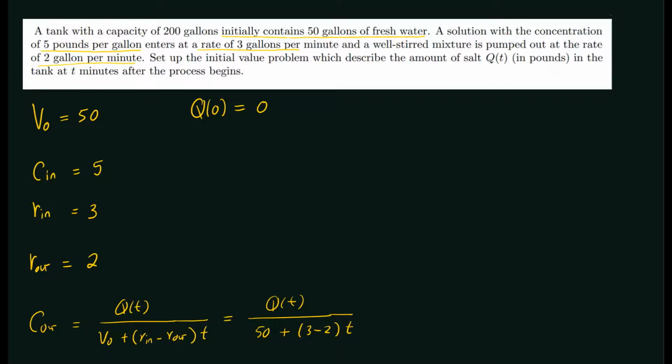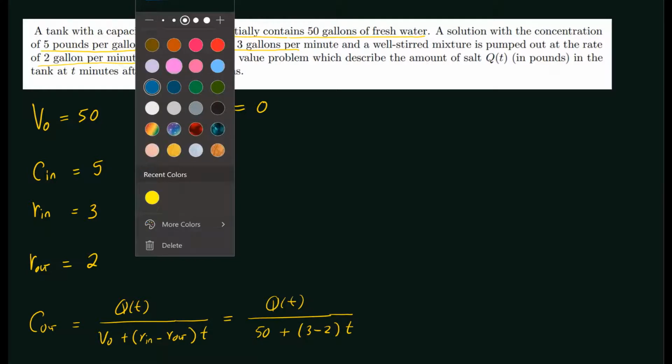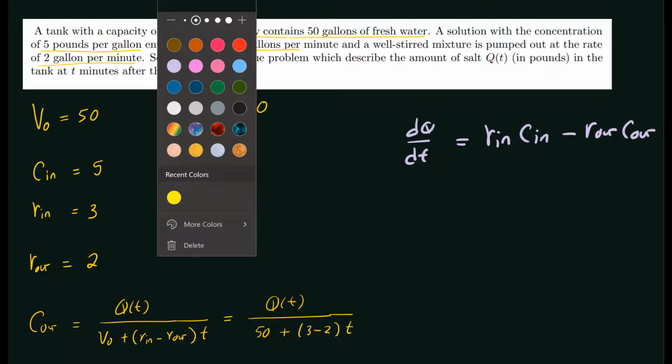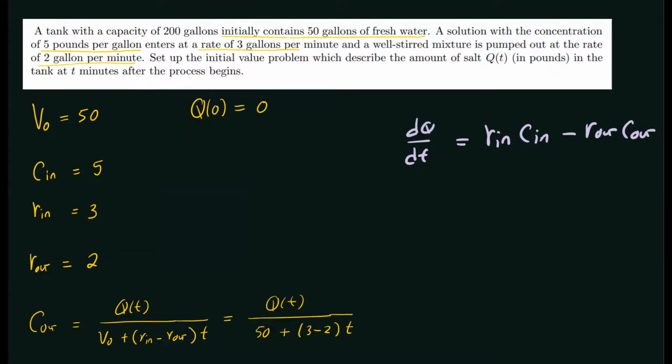So let's go ahead and set this up. We have dQ/dt is equal to Rn Cn minus R out C out. Then I can just plug in what is given to us.